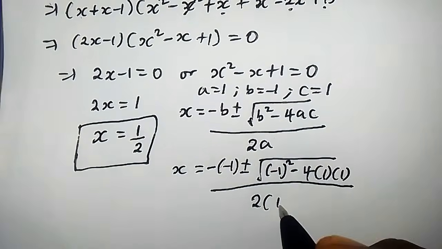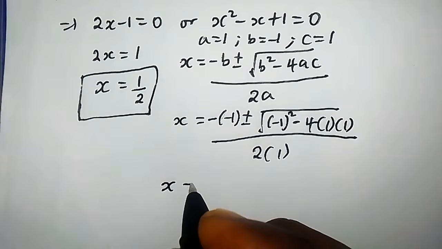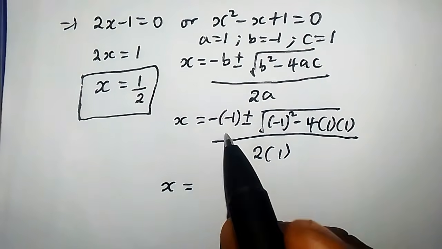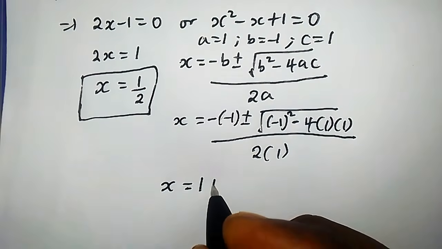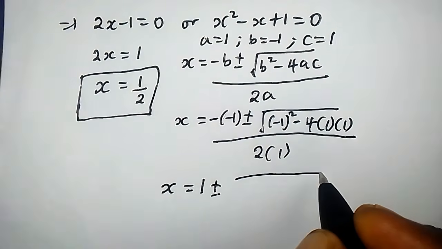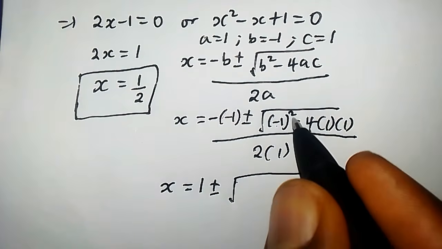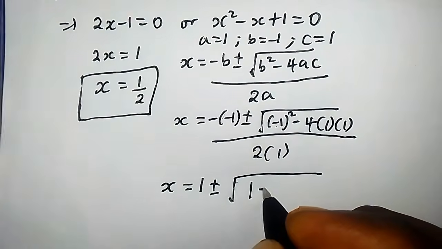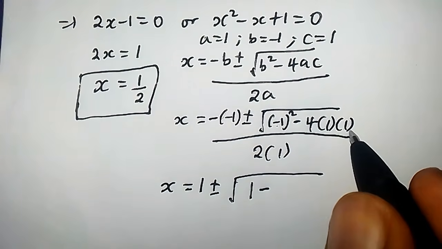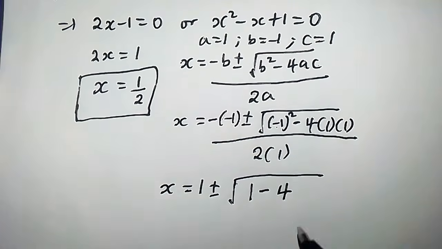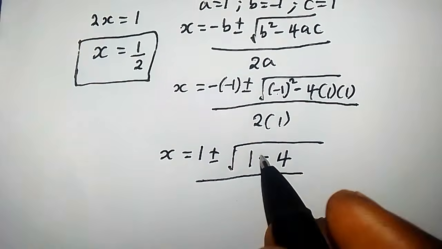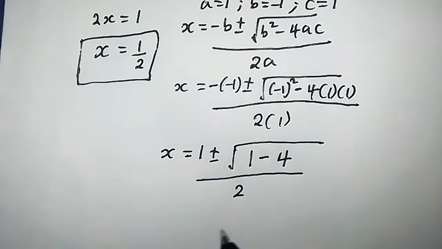x is equal to minus times minus 1, that is 1, plus or minus square root of (minus 1) whole square, that is 1, minus 4 times 1, that is simply 4, all divided by 2 times 1, that is 2.